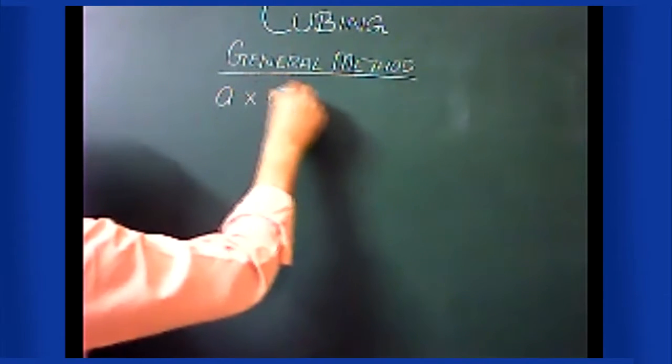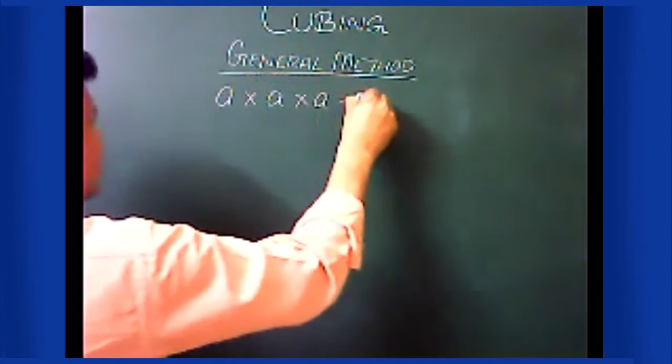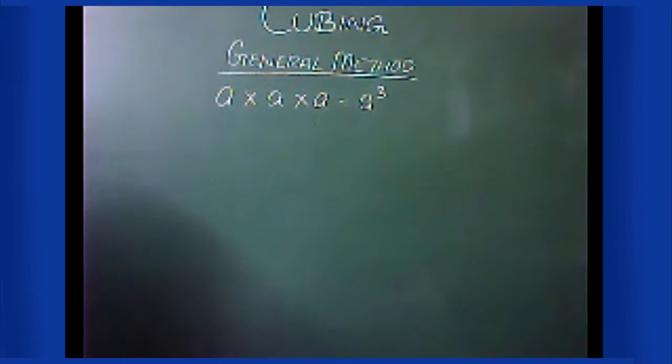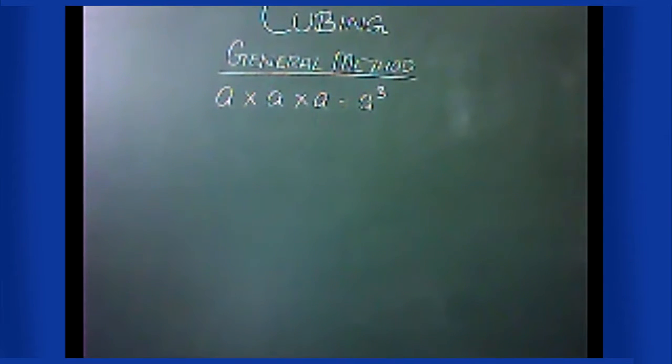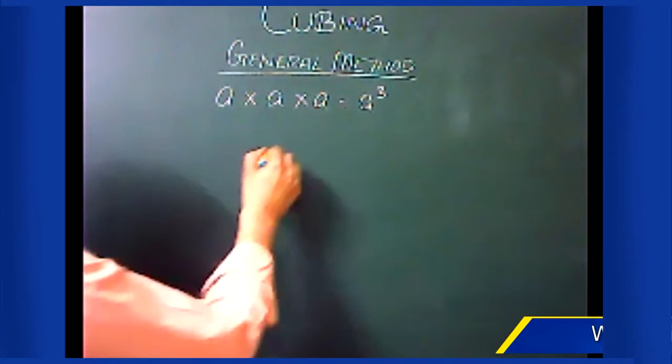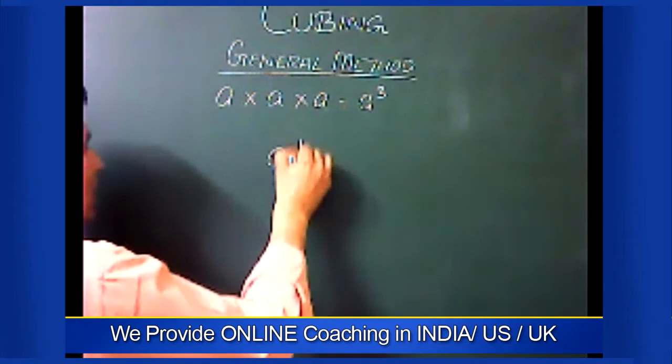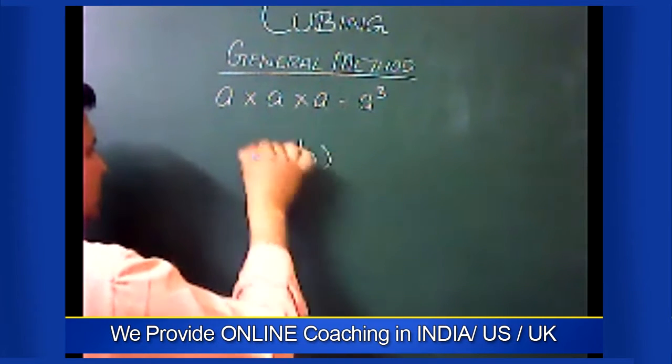That is, a times a times a is a cube. Now we will study how to calculate the cube of 2-digit numbers.